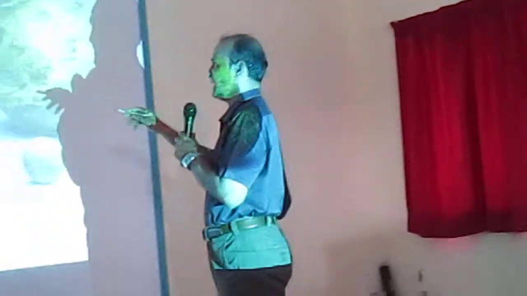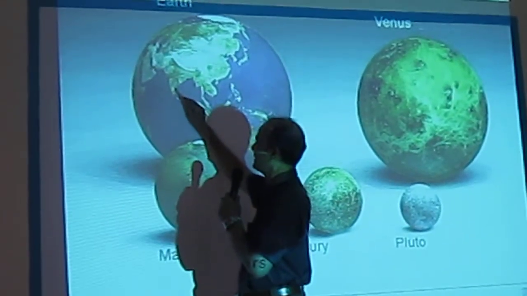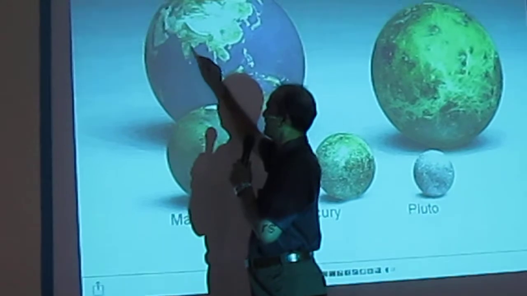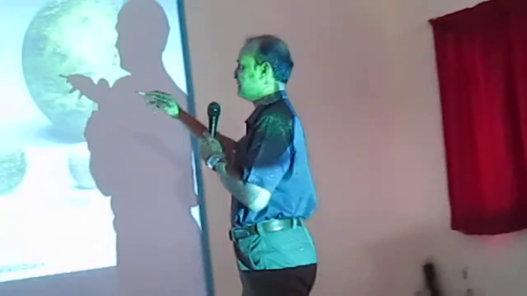And if you want to take our own identity into consideration, you have to think about the planet Earth, in which the continent Asia, in which the country India, in which the state Andhra Pradesh, in which the district West Godavari, in which the town Narsapur, in which the college is spread, in which the seminar hall, in which 200 plus students are gathered today. Look at the massiveness. We are just one among those millions of people who are living on this globe.